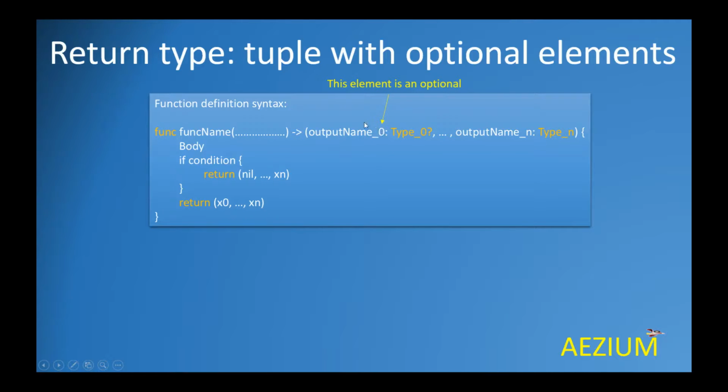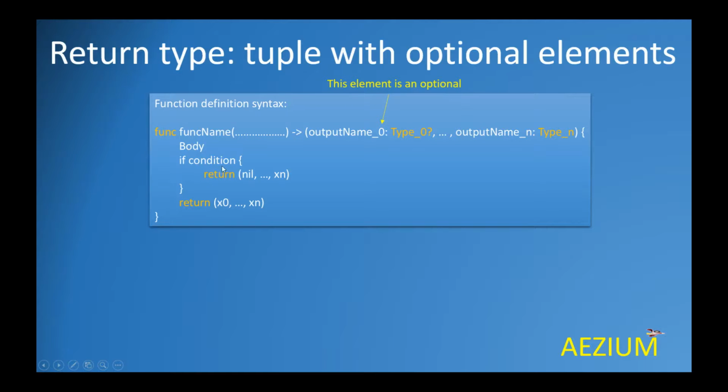So here we have the first element or the first output parameter which is of an optional type, and within the body of the code we generate nil for this single element, not the entire tuple, if a certain condition is true, and our return statement includes a tuple whose first element is nil if this condition is true.